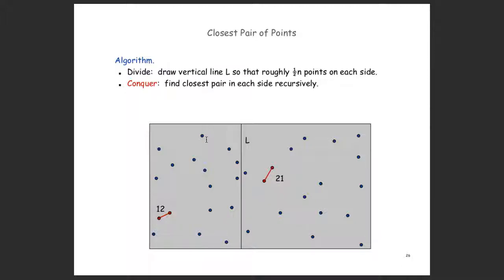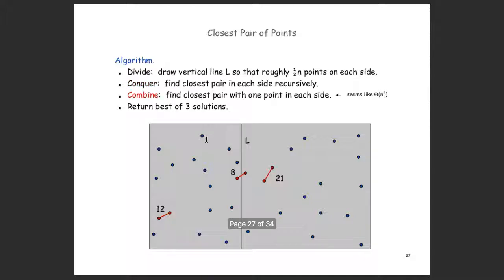Find the closest pair in here and in here, and then find the closest pair that crosses the line, and then return the best of those three.